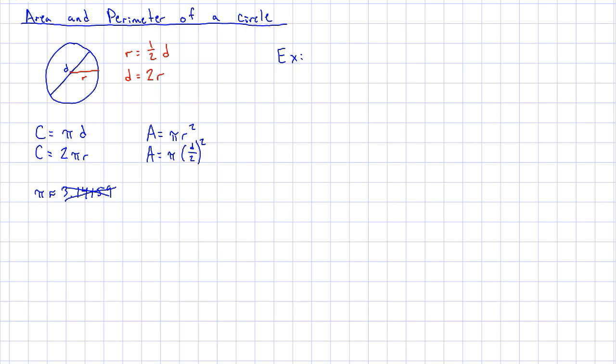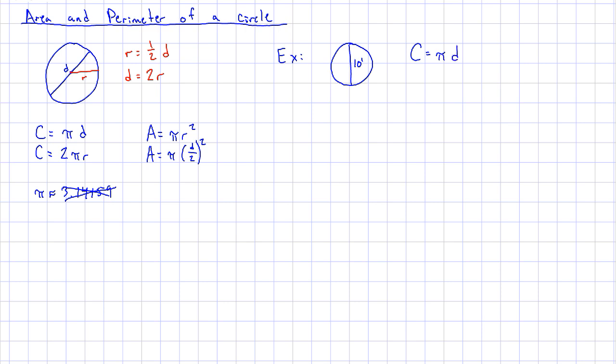I have a circle of diameter 10 feet, and I would like to find both the area and the perimeter, or circumference, I apologize. So the circumference will be pi times the diameter.